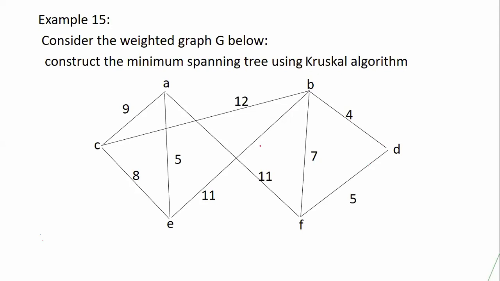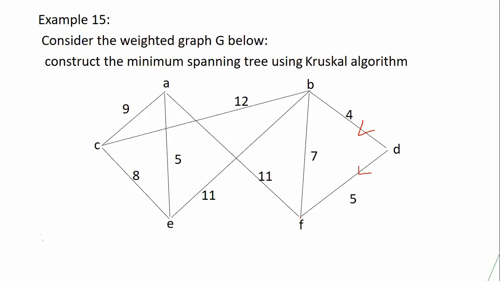So among all of them, we have 12, 11, 7, 5. Which is the least among them? It's 5. So if you move from BD, I must go to DF. So we have this. And then we are now at 5, BF.